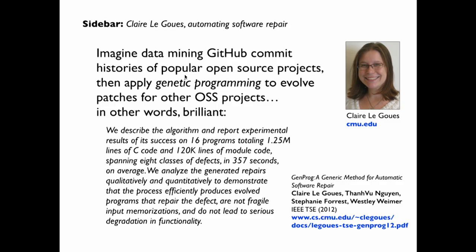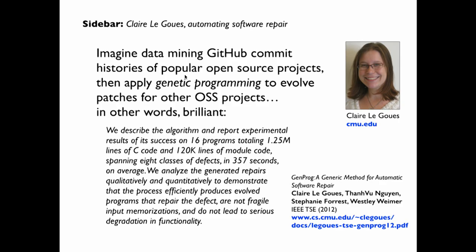And they applied genetic programming so that they could evolve more patches for other open source projects. And it's great because some of these have like $1,000 bounties if you can solve a security problem on an open source project that's popular. She found that she could use genetic programming to knock them down for about, I think it was like $5 each.